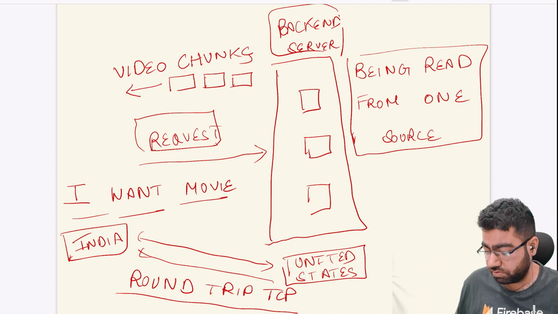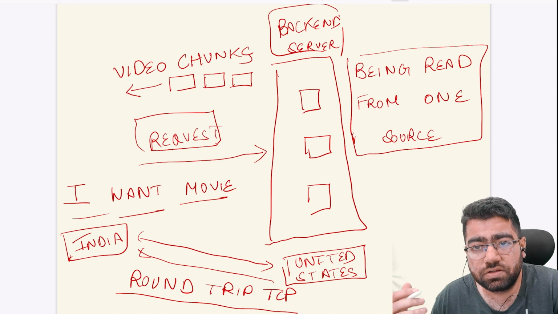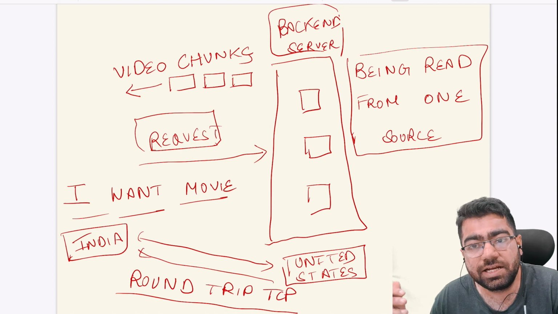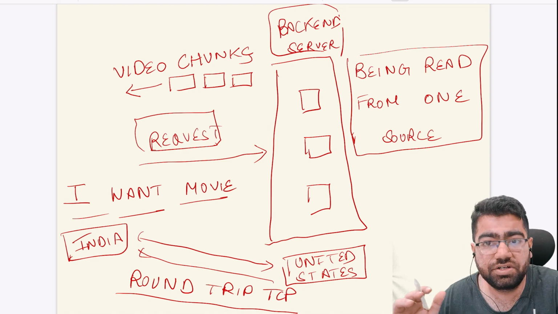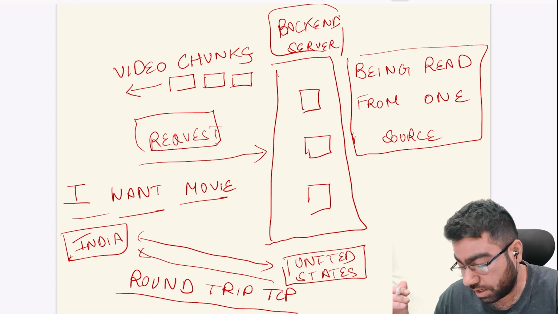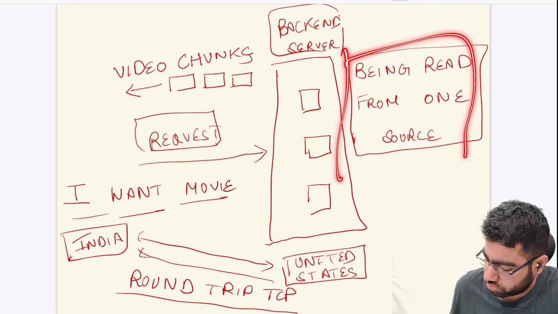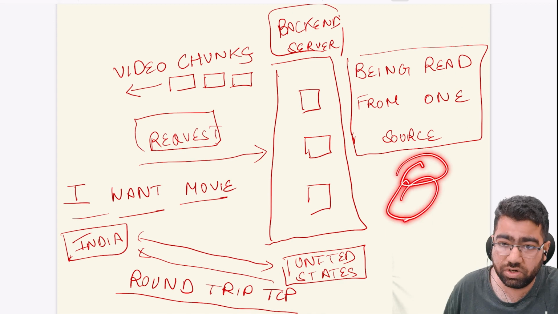That's why we do not want to bring the data from the backend server, and that's where the need of a CDN comes into play. First, the distance can be very large from the client which is requesting. Also, the backend server must be reading the data from one source. This can be any file system or any of the cloud technologies storing the files.